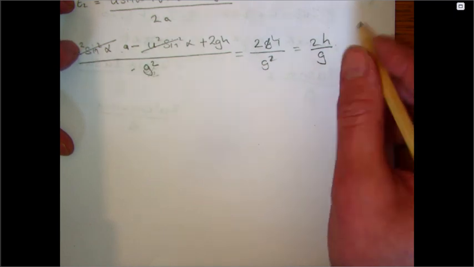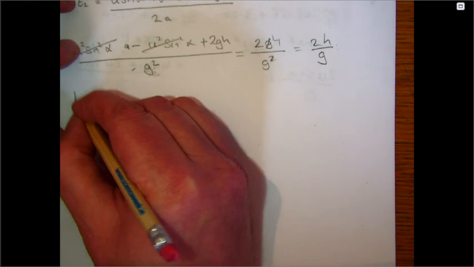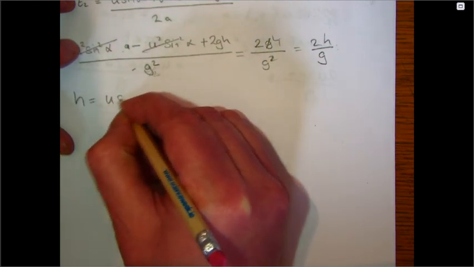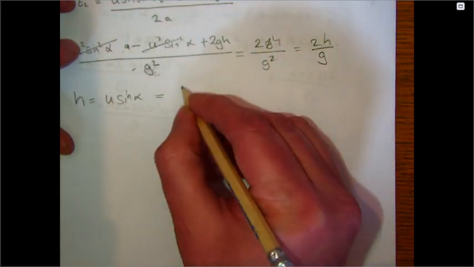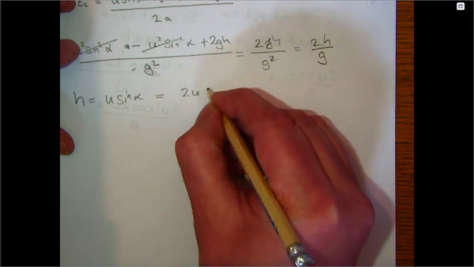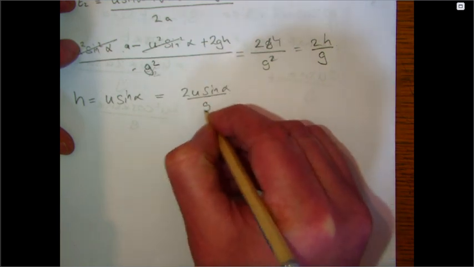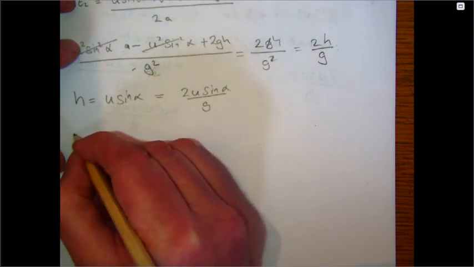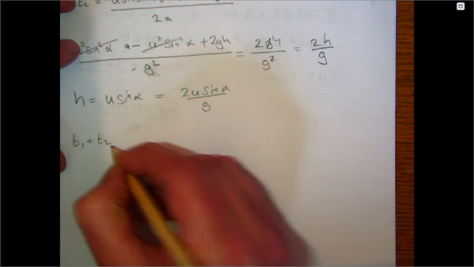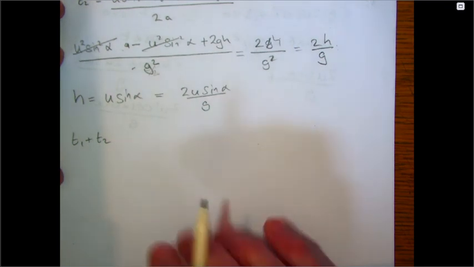So if h is equal to u sine alpha, then 2h is equal to 2u sine alpha over g. He said that was equal to T1 plus T2, or he didn't say it was, he said show it.